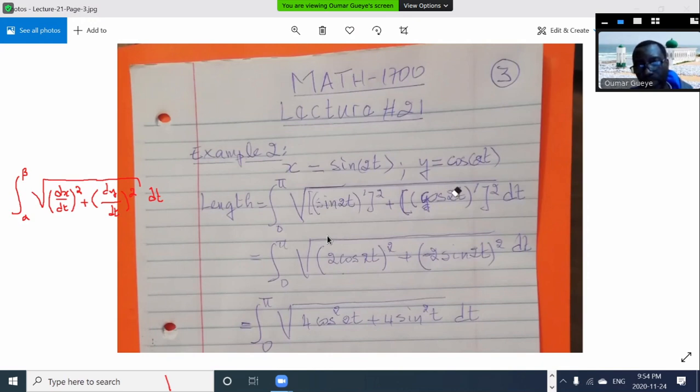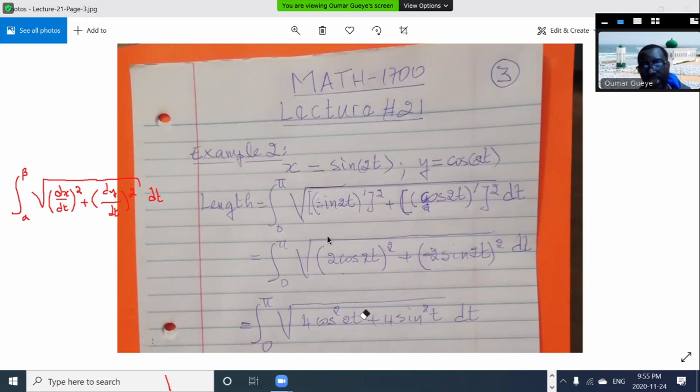When we differentiate cosine 2t, again by chain rule, we get minus 2 sine of 2t, and we square it. So when we drop the brackets, we get 4 cosine squared 2t, and the second bracket becomes 4 sine squared 2t.